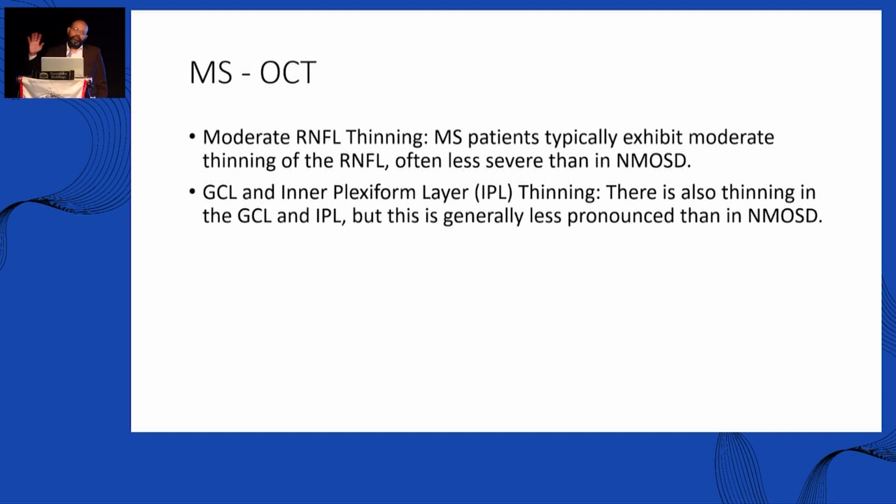But this is compared to NMOSD. This level of thinning at 6 months is far less compared to NMOSD, which is much greater, and that is why the prognosis for NMOSD related optic neuritis is not that good.